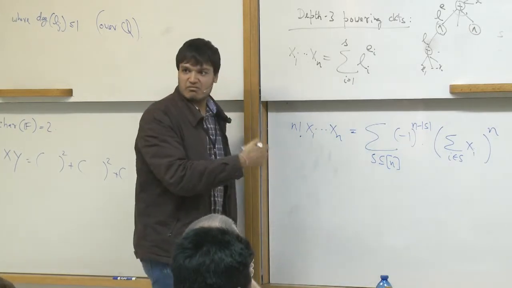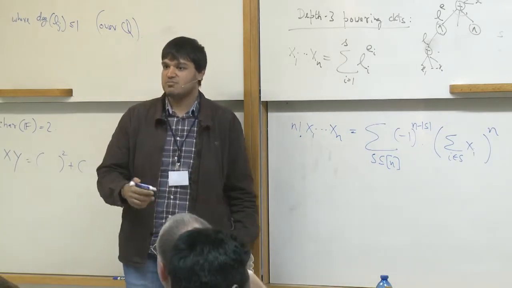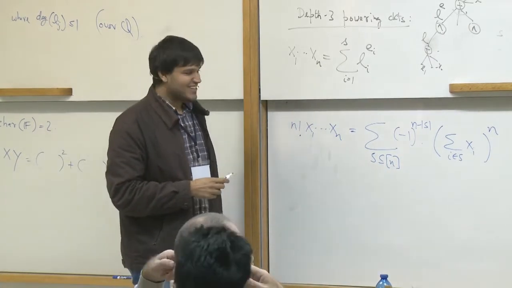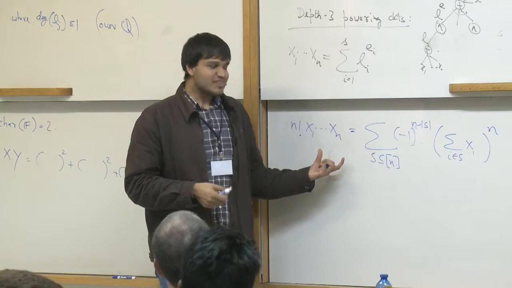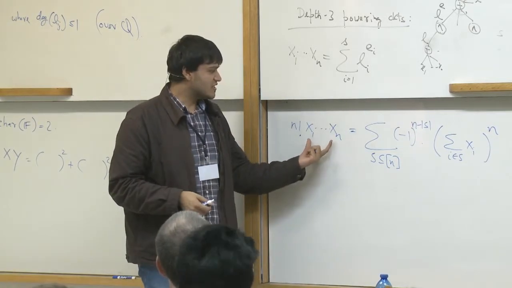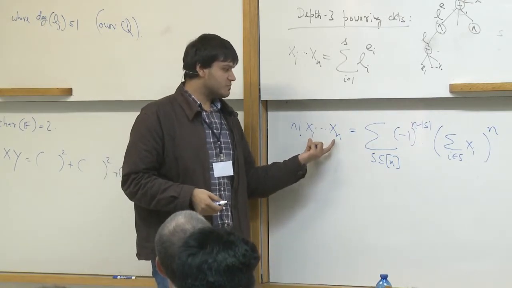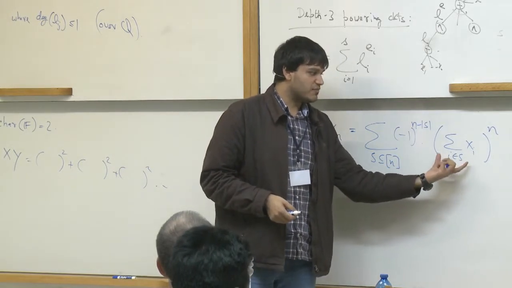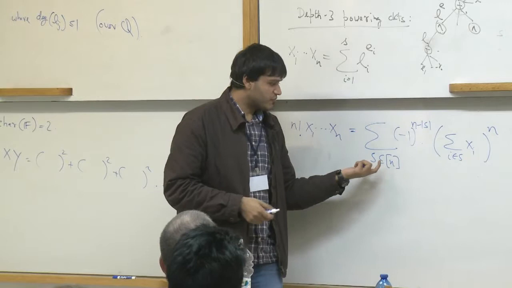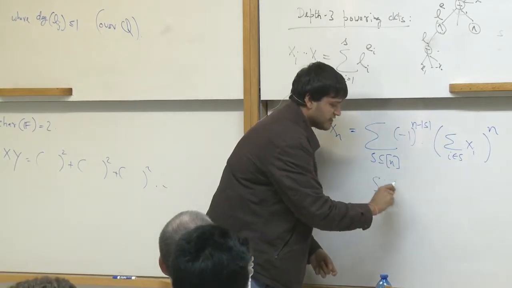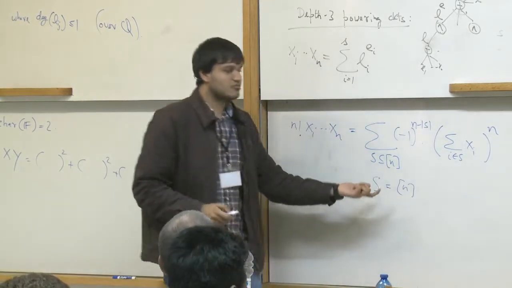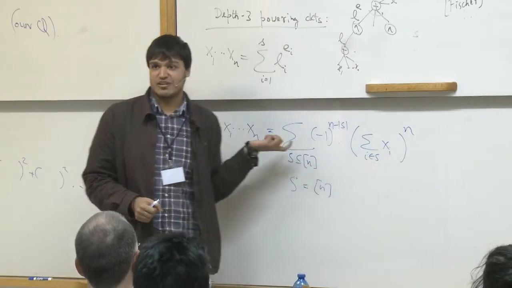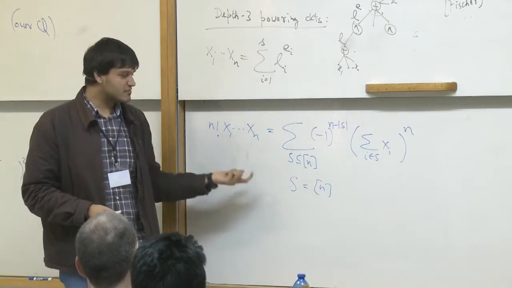The proof is actually one line. Note that this monomial can only be contributed by the term for which s equals n. Why? Because if this term does not contain all the variables, it can never produce this monomial, right?